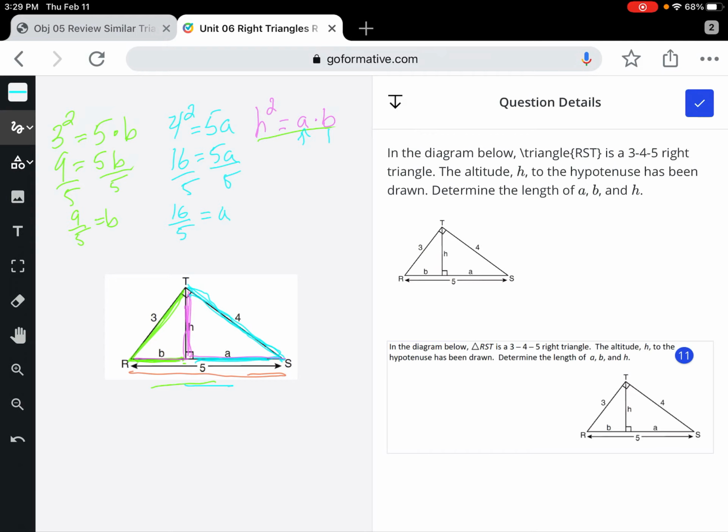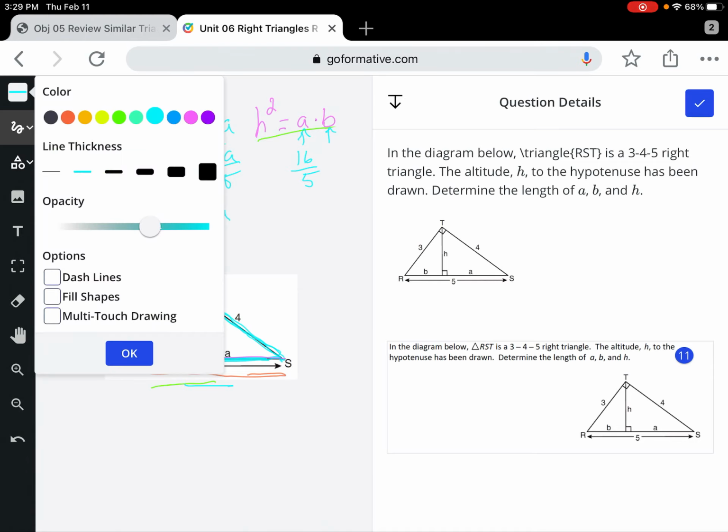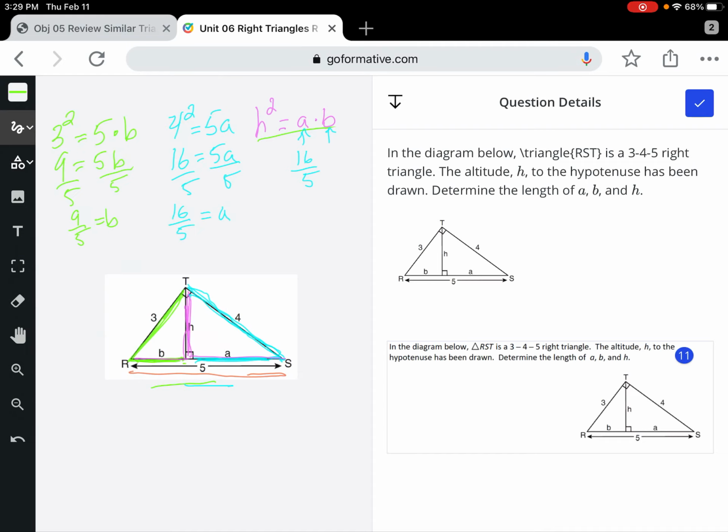A is equal to 16/5. Now I can solve for h. I know a is 16/5 and b is 9/5.